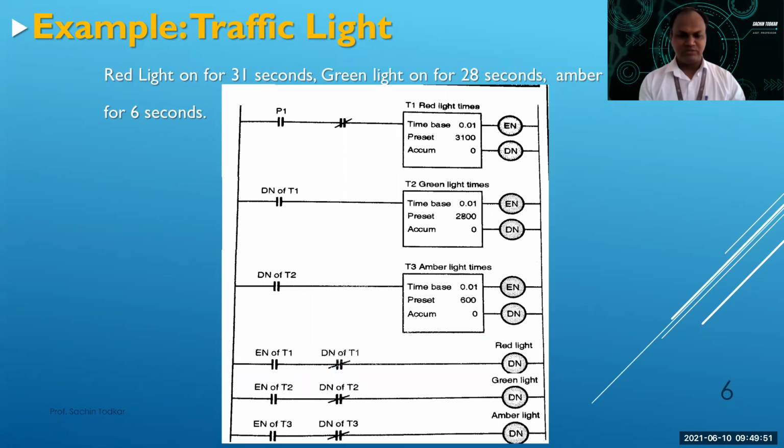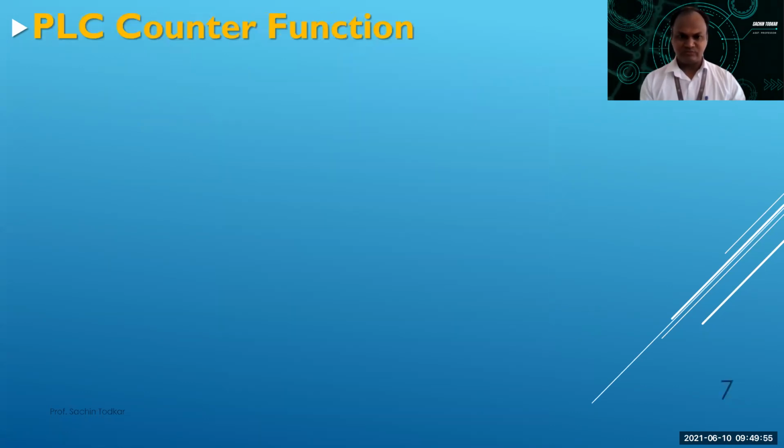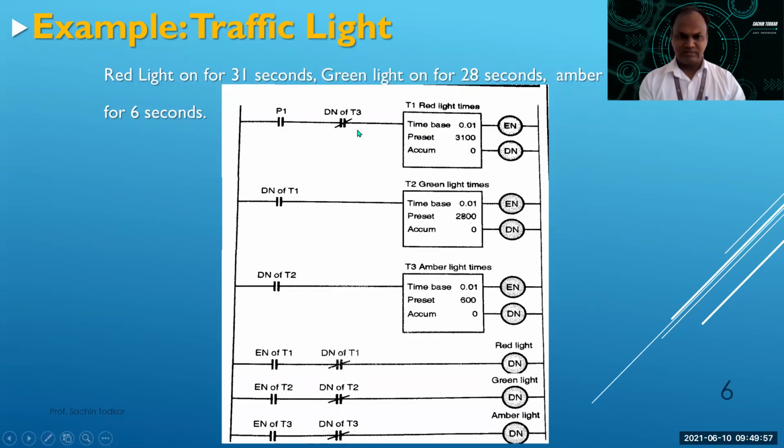Timer 2 becomes 0, then green light will become off. And the third, T3, amber light is off, then red light will be started. So this is the logic, and this is the latching of that logic properly with the help of latches.